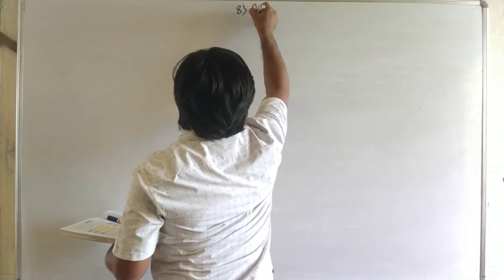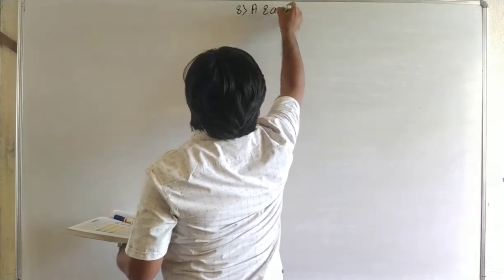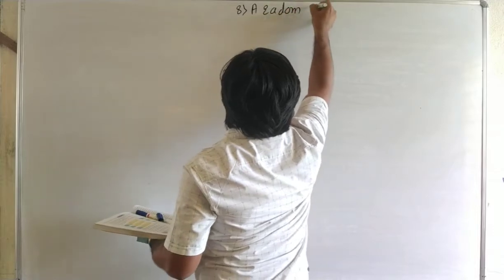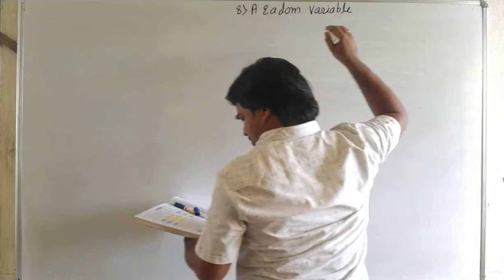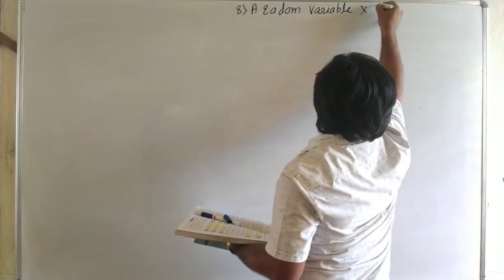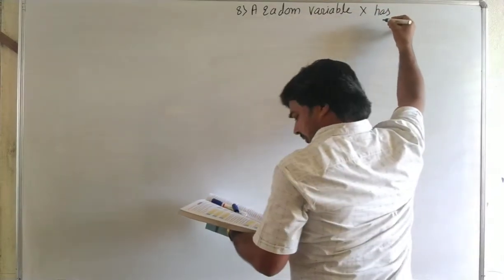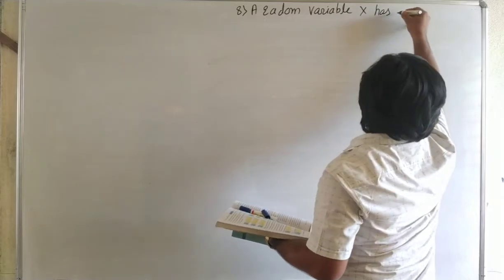A random variable X has the following probability distribution.